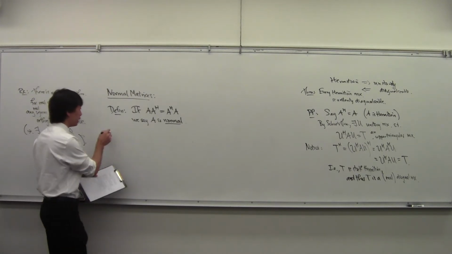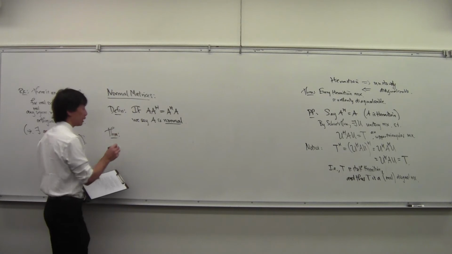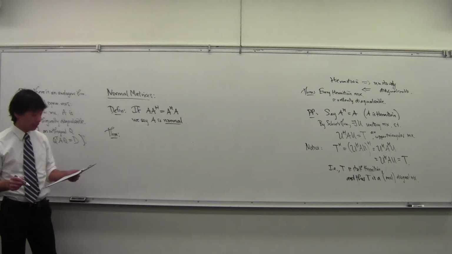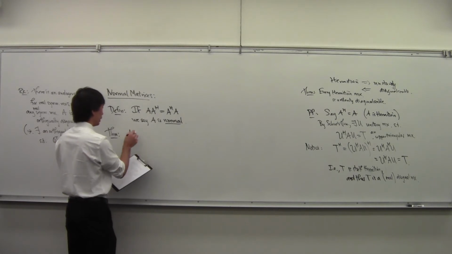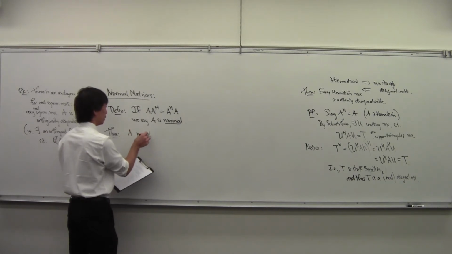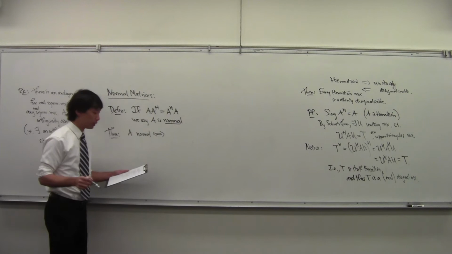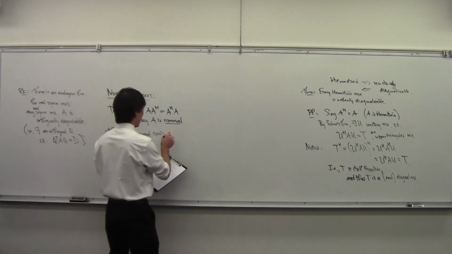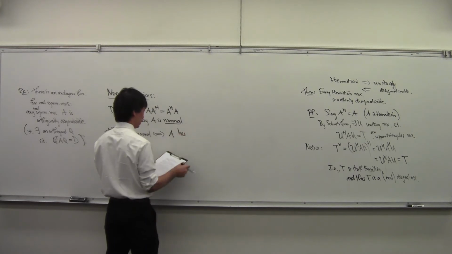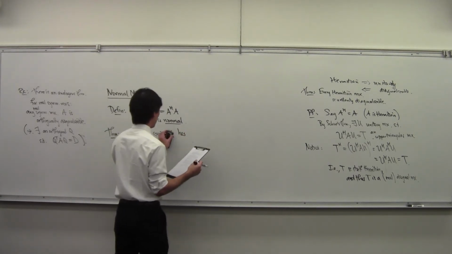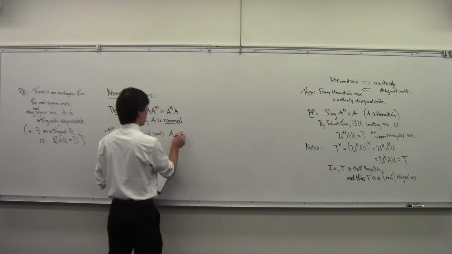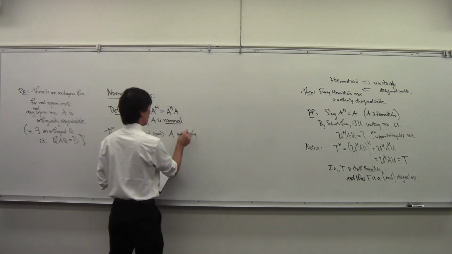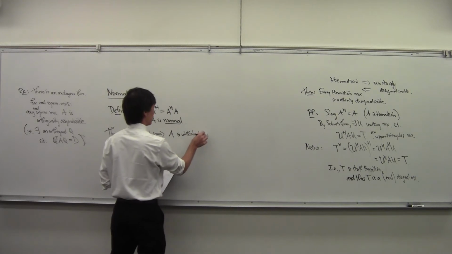We'll have a cool theorem that says A being normal is equivalent to A being unitarily diagonalizable.